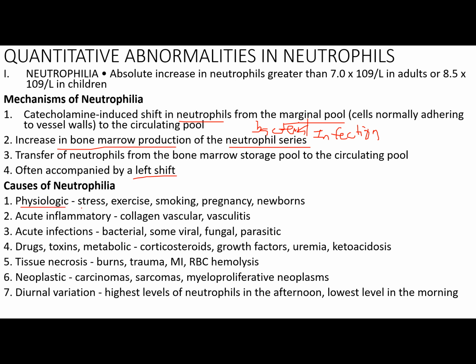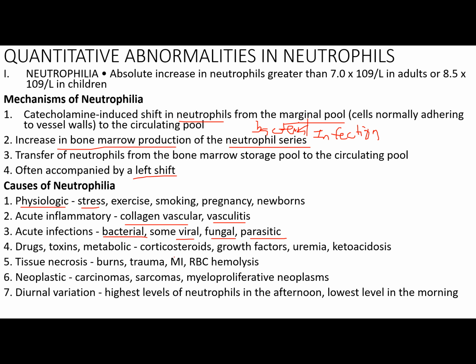Other causes of neutrophilia, class, could be physiologic. So if a person is under stress, undergoing extensive or exhaustive exercise, smoking, pregnancy, newborns would tend to have higher neutrophils. Acute inflammatory seen in collagen vascular and vasculitis. Acute infection seen in bacterial, viral, fungal, and parasitic.